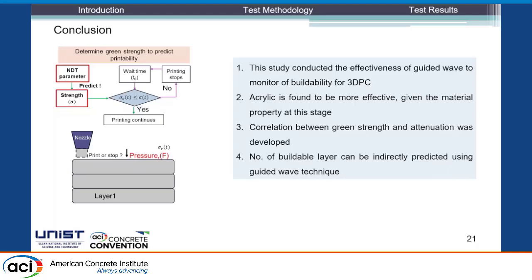So this study examined the effectiveness of guided waves to monitor the buildability of 3D printed concrete, and acrylic is found to be more effective given the material property at this age, which means that acrylic was compared to an aluminum waveguide and was found to be more effective. And there is a correlation between green strength and attenuation, and from this we can determine the number of buildable layers indirectly through the guided wave technique.